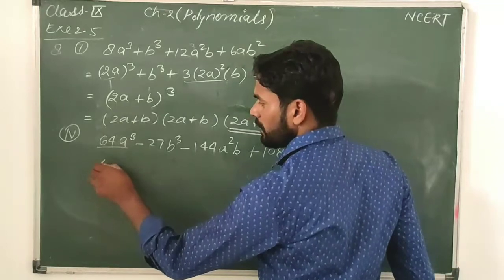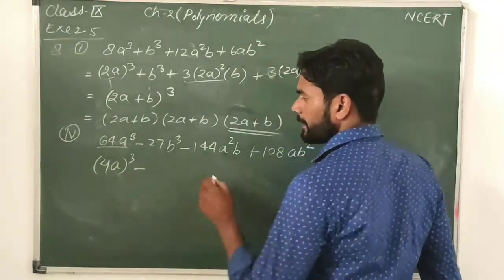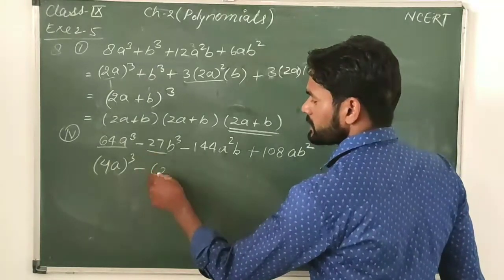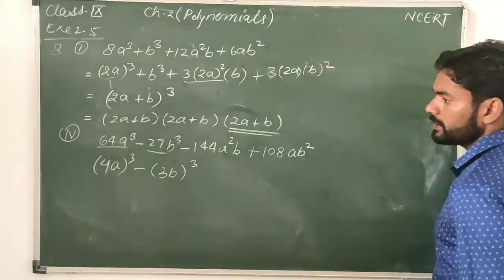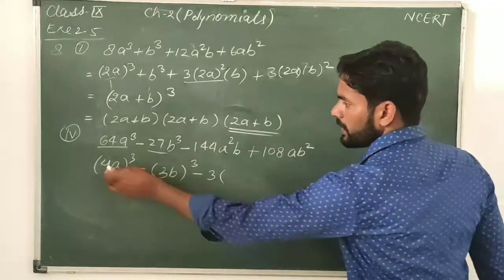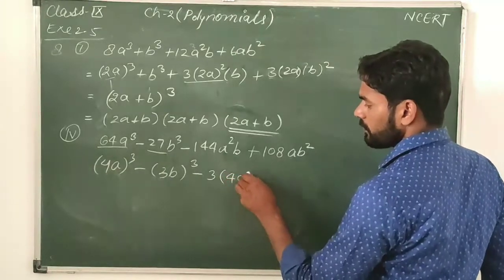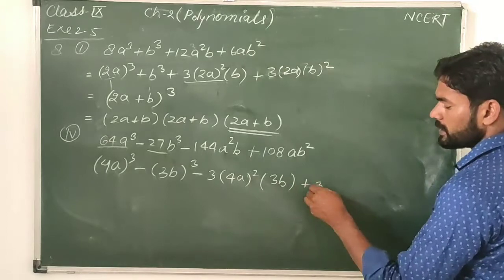It is the cube of 4a whole cube, लिखा गया. 27 को लिख सकते हैं अपन 3b cube, minus 3a square b. That 4a square b is 3b plus 3a.